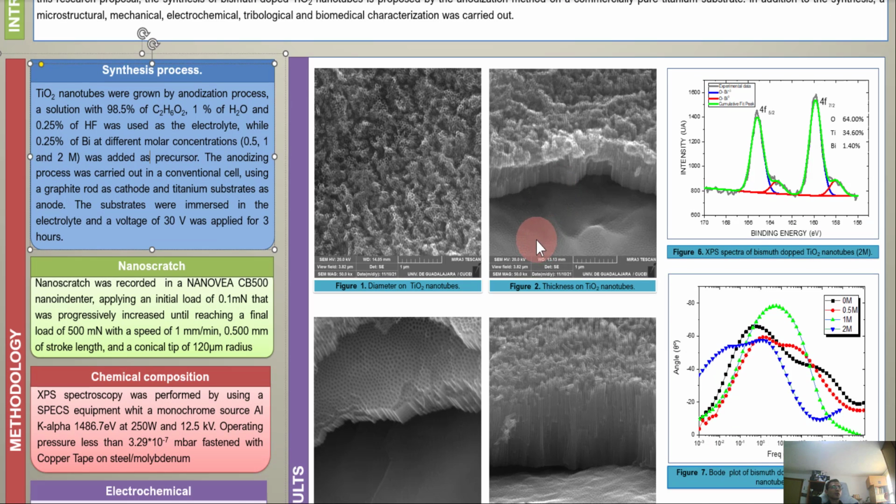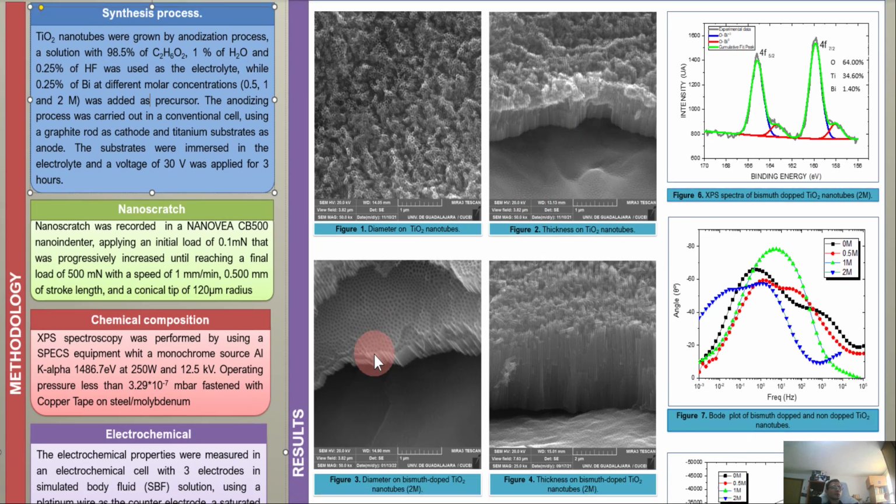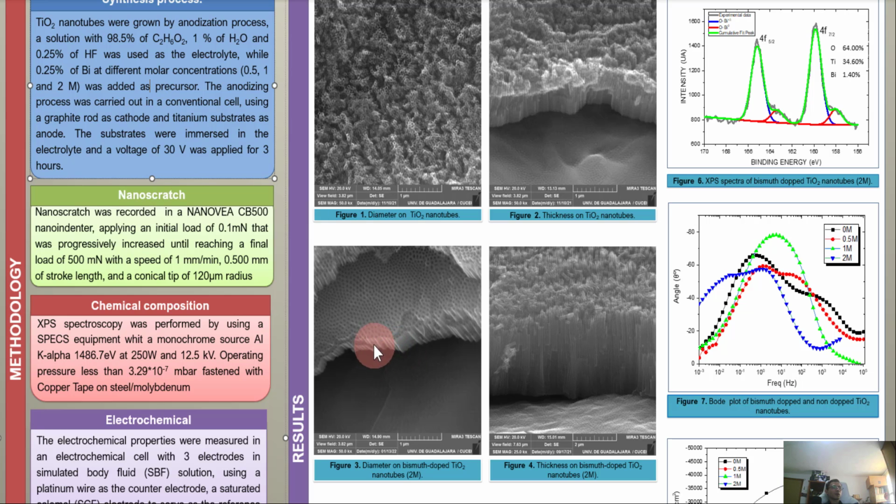When we add bismuth as doping, we can observe that the quality of the surface increases and the morphology improves. So we can observe in figure 4 that the height of the nanotubes increases and grows to about 2 micrometers.